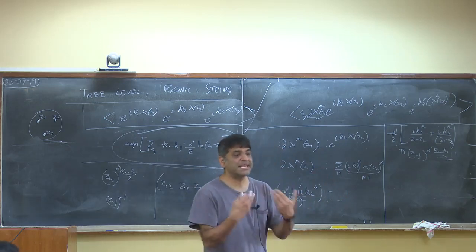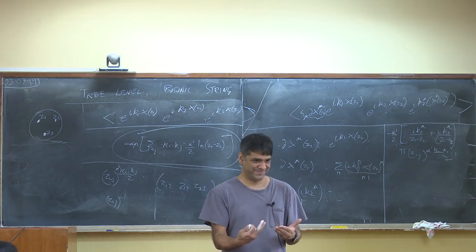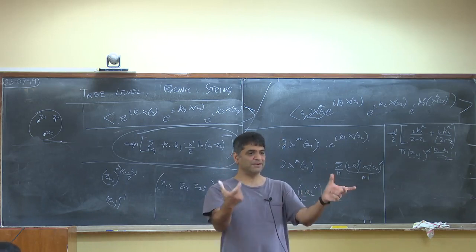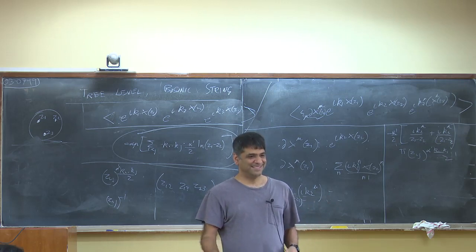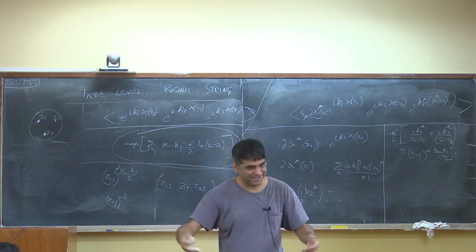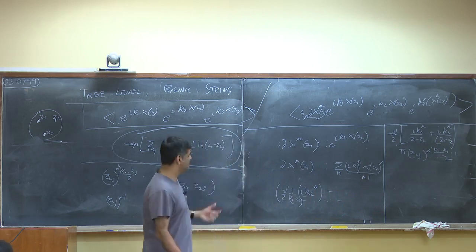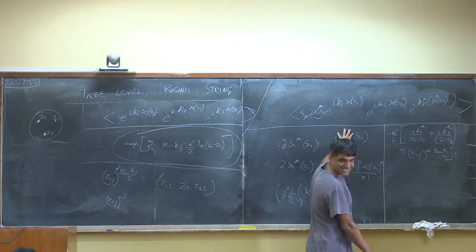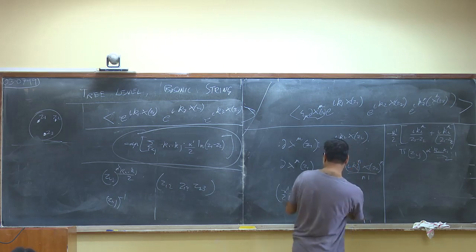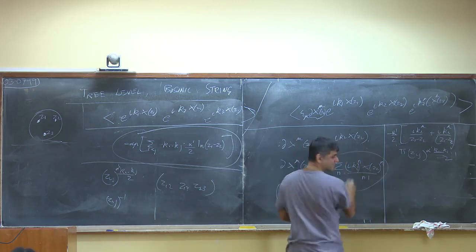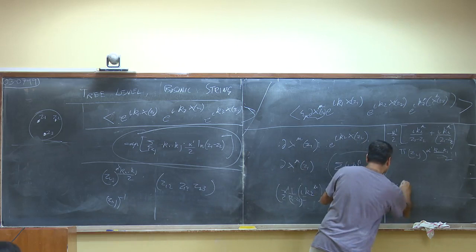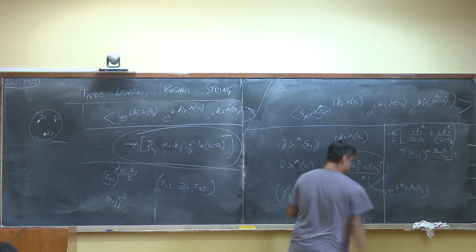Think of it step by step. What you do is take the product of these two operators, and the operator that is left over can then contract. Do this with this. What's left behind is e to the power i k2 dot x of z2, normal ordered, times this.